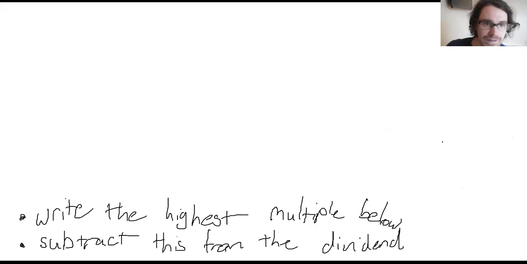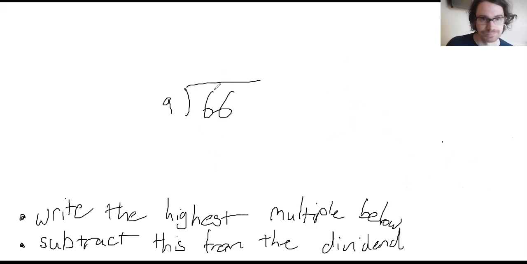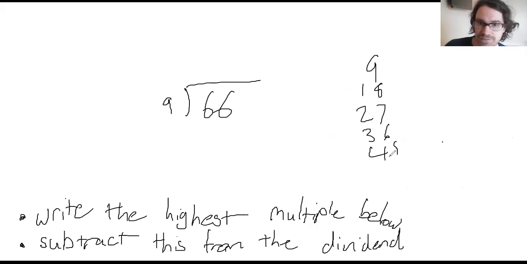What about if we have 66 divided by 9? So 66 is the number inside, that's our dividend, 9 is our divisor. Now, as you know, we've got to find the highest multiple of 9 before we get to 66. 9, 18, 27, 36, 45, 54, 63.